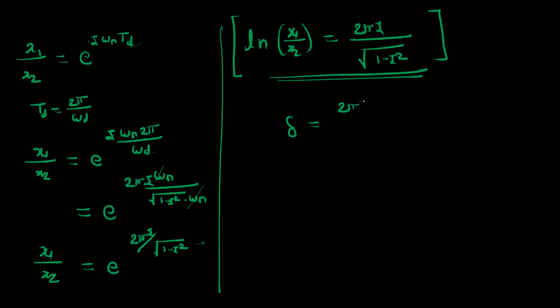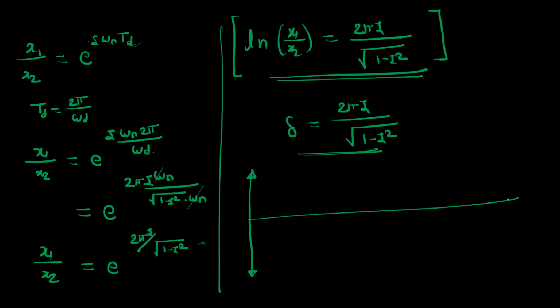So it is equal to 2 pi zeta upon square root 1 minus zeta square. So what is the use of this equation? For a particular system, experimentally, if you plot the waveform for its vibration, and if the waveform is of an underdamped system, this waveform is only for the free vibration, not forced vibration.